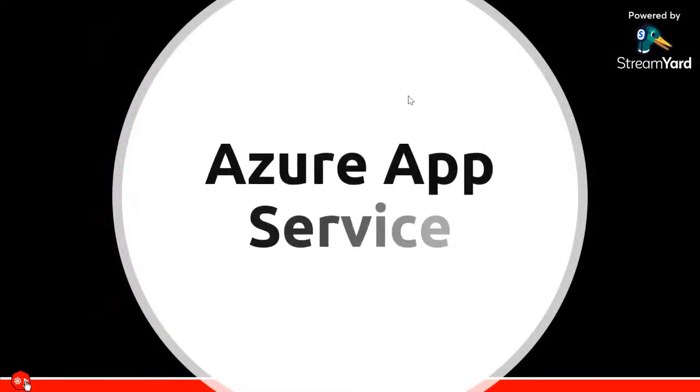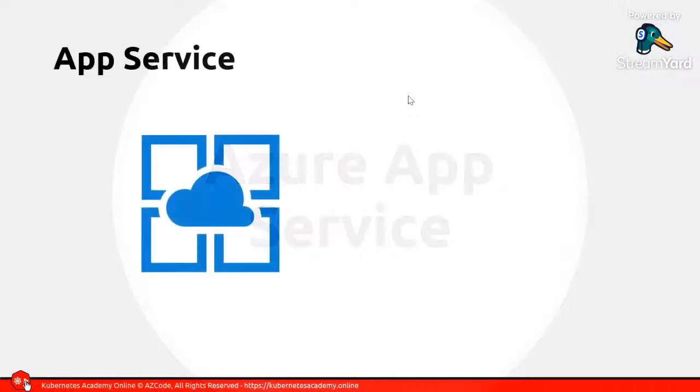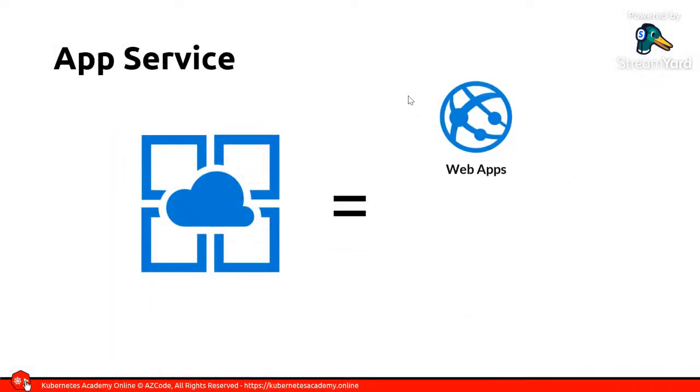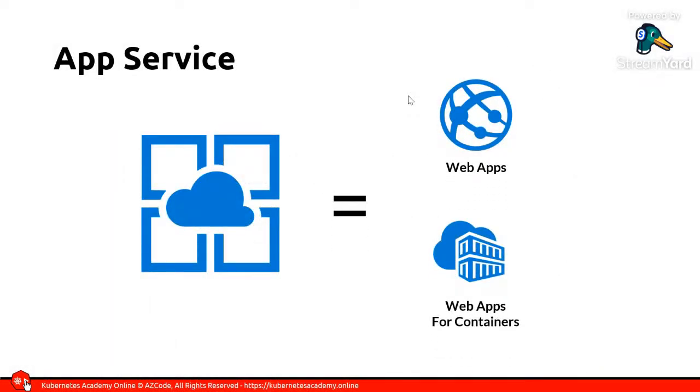All right, let's talk about Azure App Service. What's Azure App Service? Well, you may be familiar with Azure App Service. You may have deployed a web application before on App Service. So a .NET Core app, a Java app, or whatever language you want.